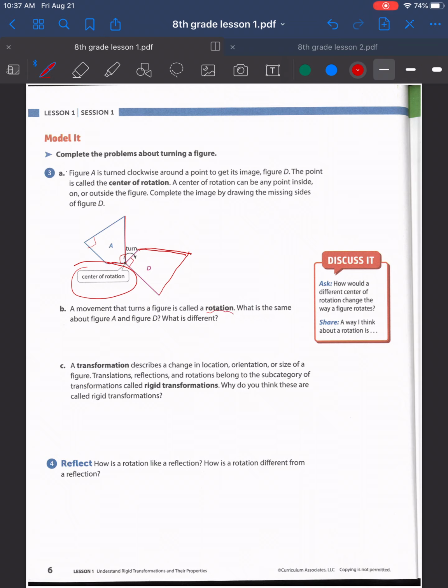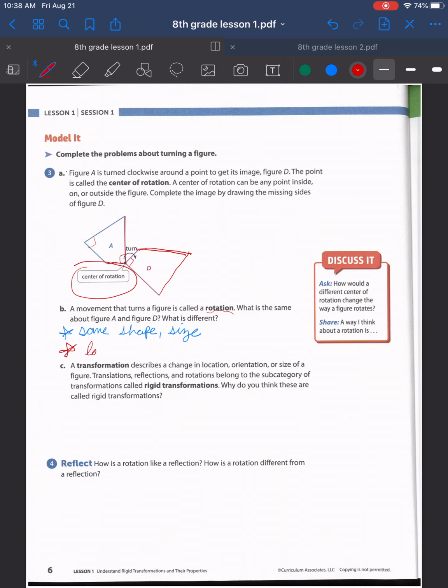What is the same about A and D, and what is different? So what is the same? Same shape, size. What is different? The only difference is that its location has changed. It's facing a different direction, right?